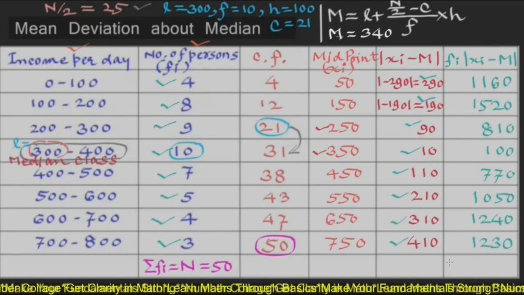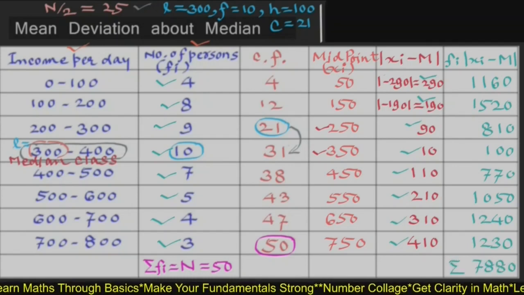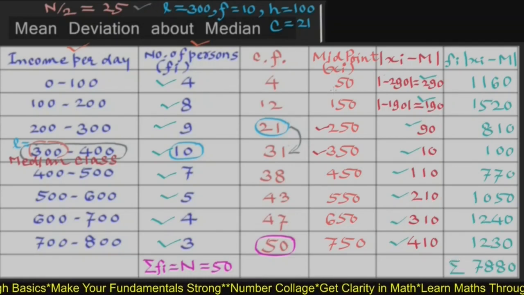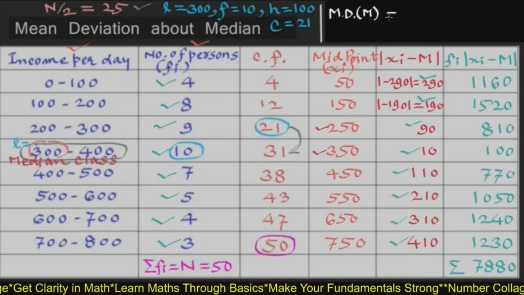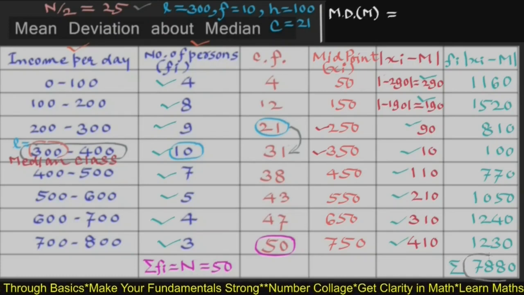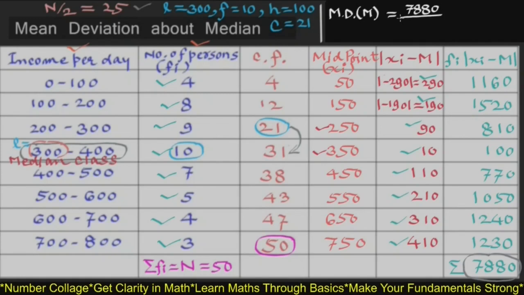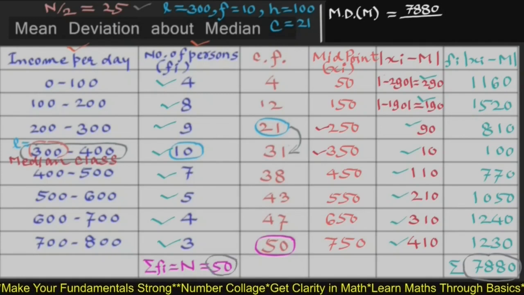This sum is 7880. Finally, we will write the mean deviation about median, which equals this summation 7880 upon the sum of frequencies 50.